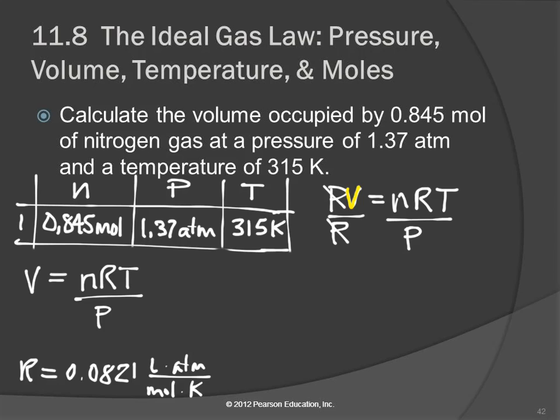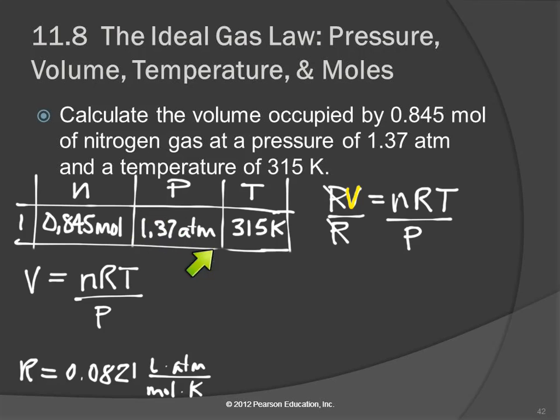To save ourselves a little grief, it's always a good idea to check the units of the quantities you've got here. N is in moles, check. Pressure is in atmospheres, check. Temperature is in Kelvin, check. What do we do if one of them is not? You convert it. It's easier to convert it before you stick it into the equation.